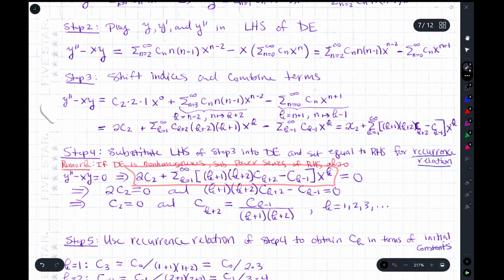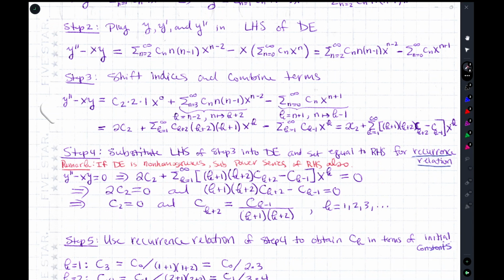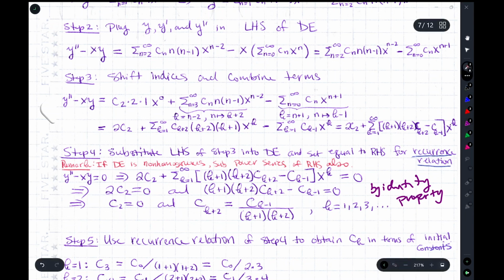So here we have that this differential equation implies the left-hand side that we worked on is equal to 0. And now what do we know? Well, by the identity property, we get that the coefficients of these x to the k's are 0.